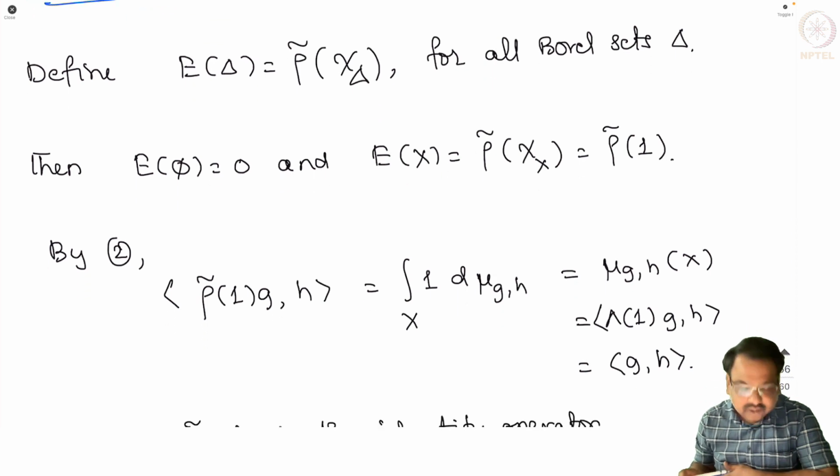So by 2, rho tilde of 1 g inner product with h is the integral over X of 1 d mu gh, that is mu gh of X, and if you look at the definition of lambda, that is given in terms of mu gh.